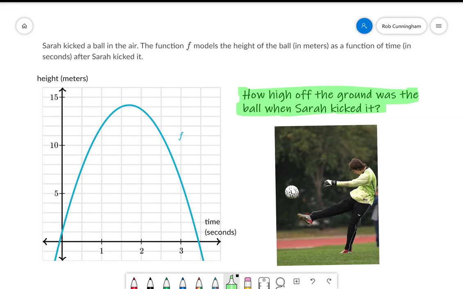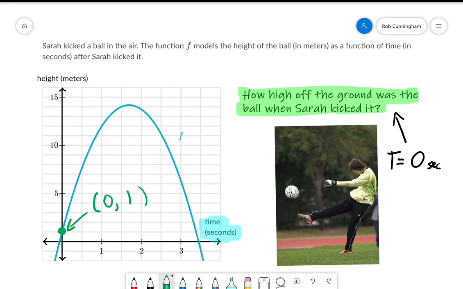Well, when she kicked it, since we start the timer when she kicks the ball, time is going to equal 0 seconds at the moment that she makes contact with the ball. So again, we are looking for the y-intercept. Looks to me like the y-intercept is right there. And it looks like it is (0, 1).